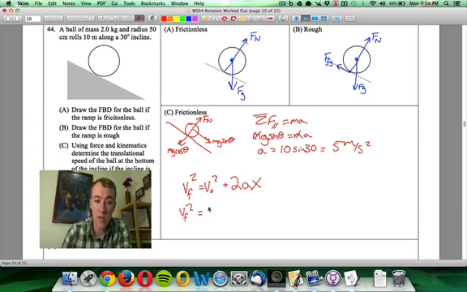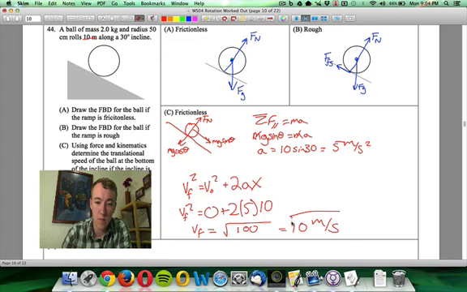That initial velocity is 0, it started from rest. We just found acceleration, and it says that the distance that it rolls is 10 meters. So we're going to have final velocity equals the square root of 100, or 10 meters per second.